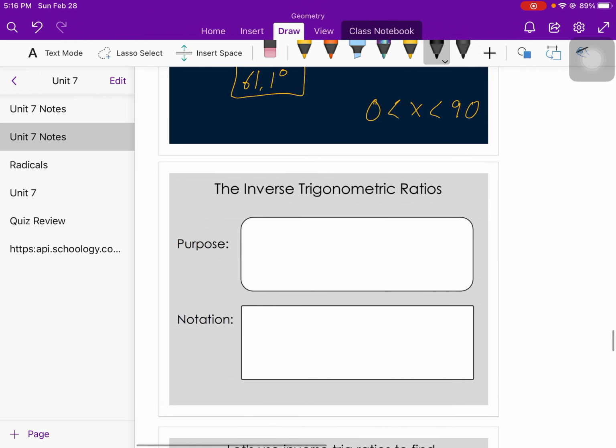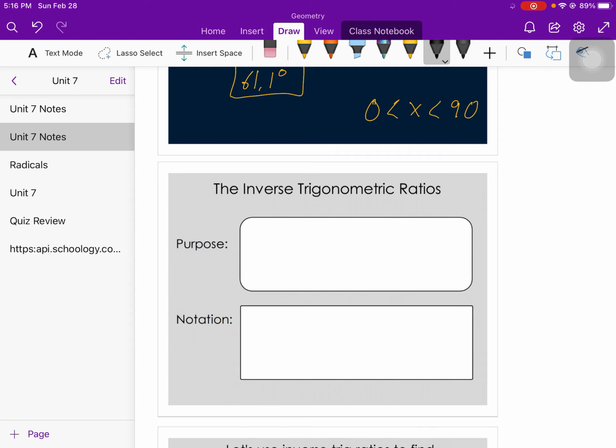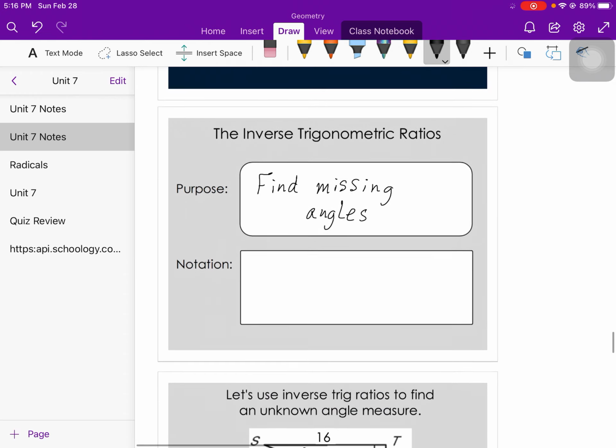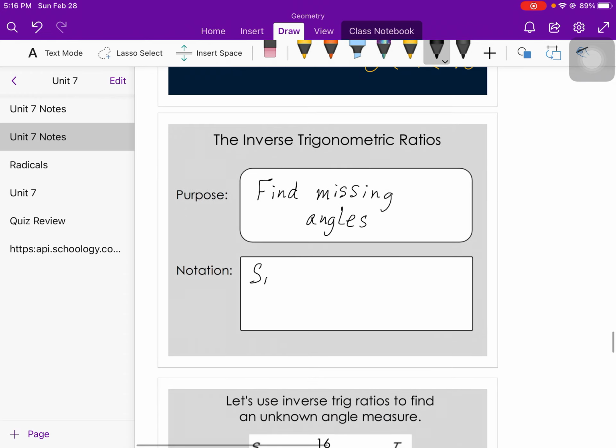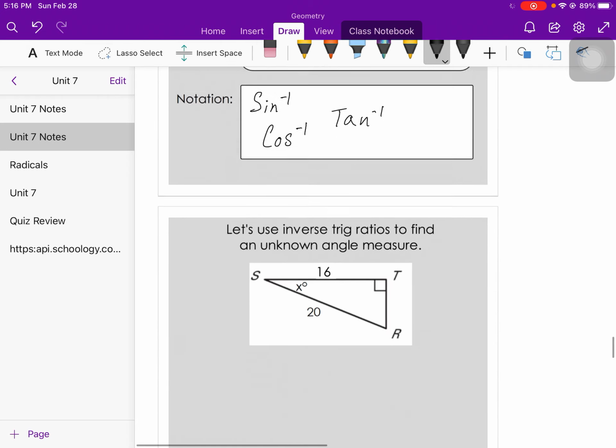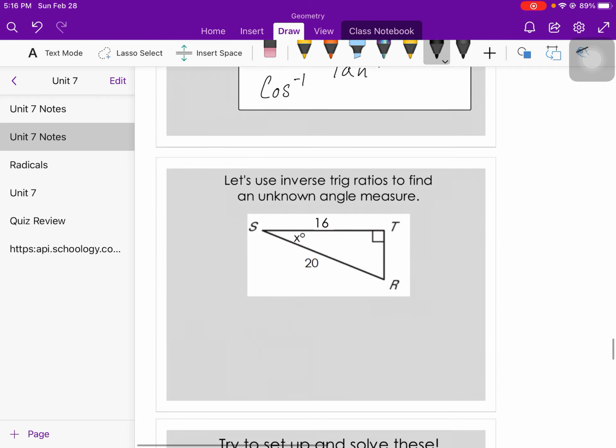So the purpose of inverse trig ratios is to find missing angles. In the previous video, we were talking about finding missing sides. The notation for this is sine inverse, cosine inverse, and tangent inverse with the negative 1 power for each of those. All right, let's try it out here.